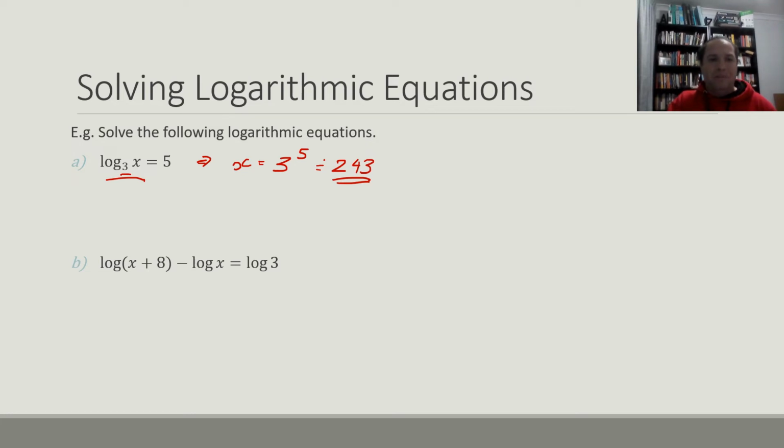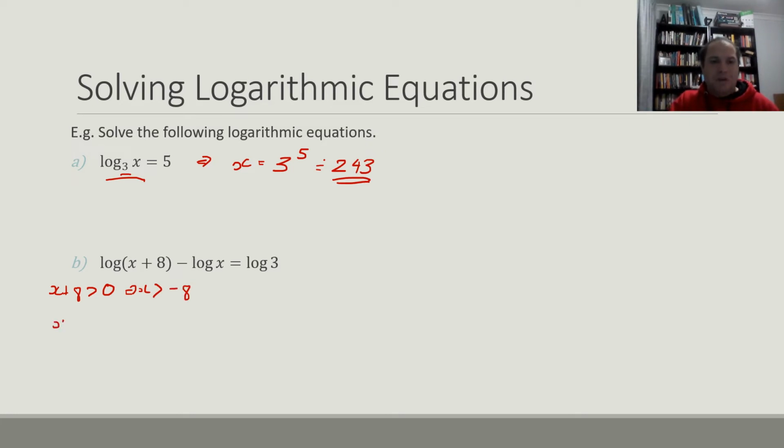Our second one: we've got log of (x plus 8) minus log x equals log 3. Our first step, we should set our domain here. We didn't really in the first one because it was such a simple problem. For this second one where we've got multiple logs, setting our domain will be very helpful. First of all, we know x plus 8 must be greater than 0, so x is greater than negative 8.